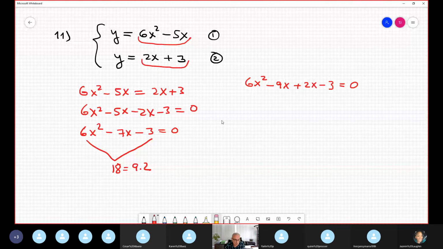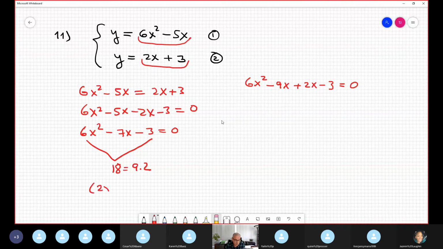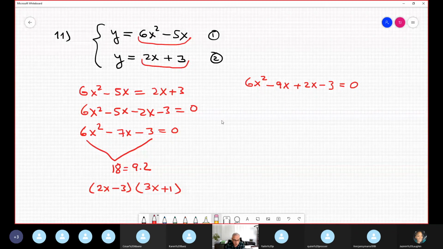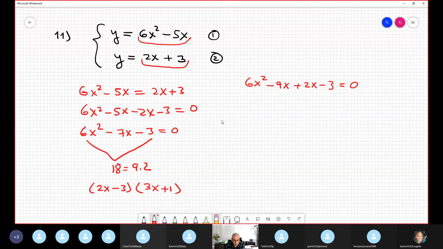By the way, it is 2x minus 3 and 3x plus 1, because 2x times 1 is 2x and 3x times 3 is 9x. In this case I break down 7 using negative 9 and positive 2, and apply factorization by grouping.